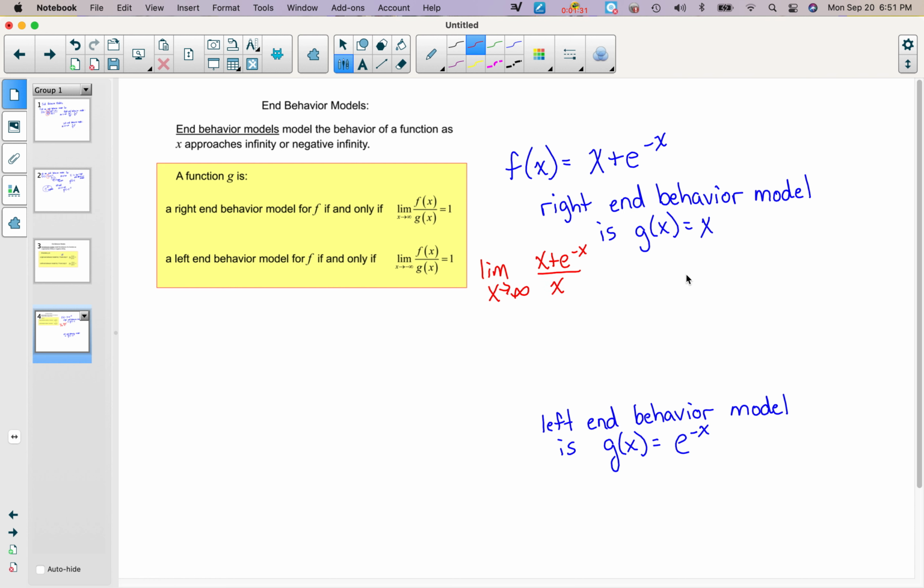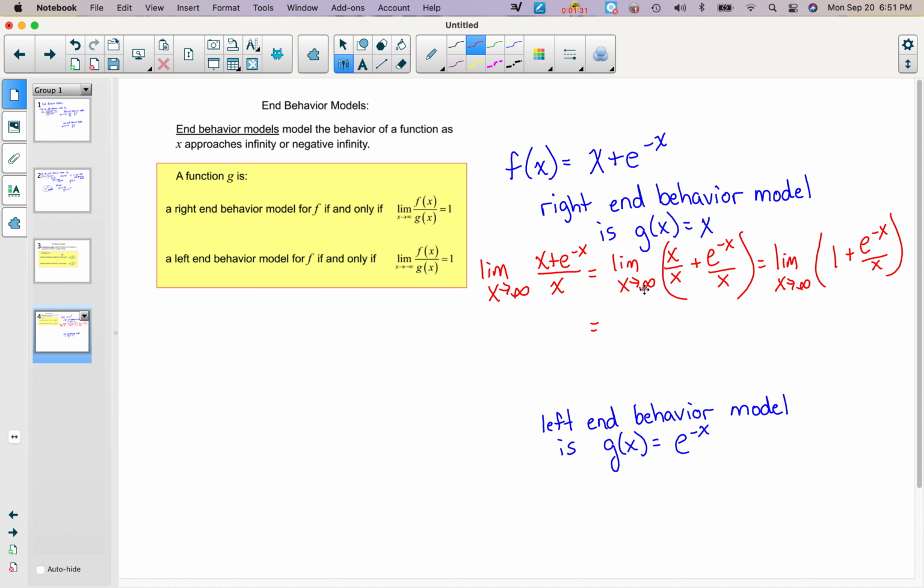I need to show that this equals 1. I'm going to break this apart as x over x plus e to the minus x over x. Then x over x is just 1. And then we have e to the minus x over x.